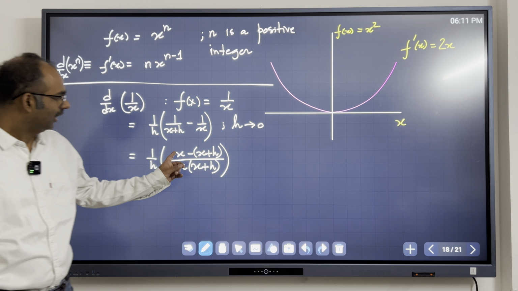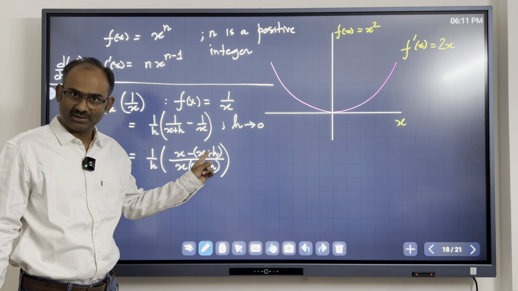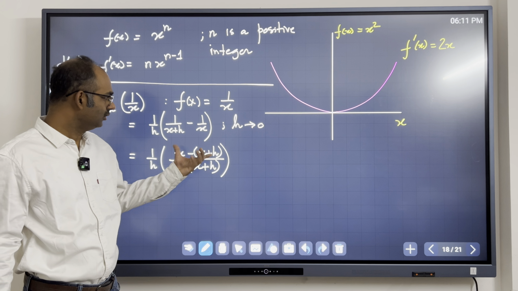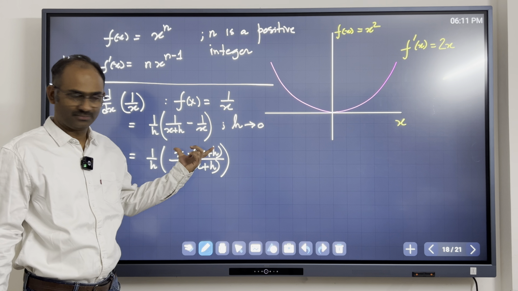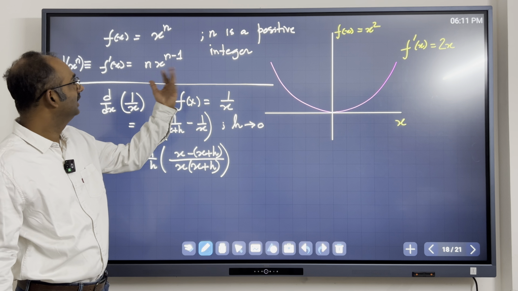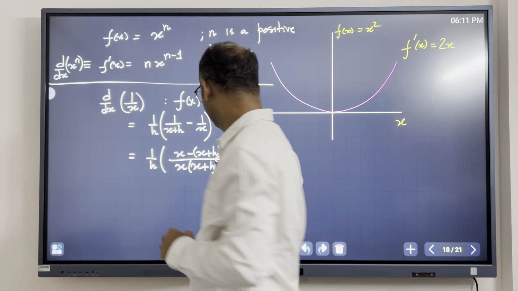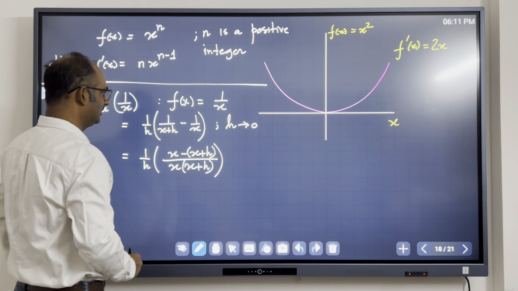Now you see on the top, in the numerator, it's minus h, right? So as h goes to 0, the numerator becomes 0. The denominator also becomes 0 because in the formula for the derivative you always have 1 over h.